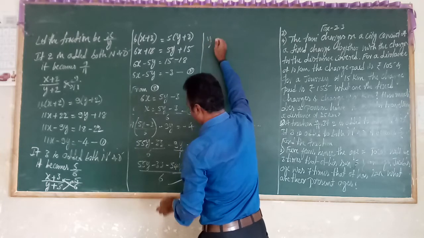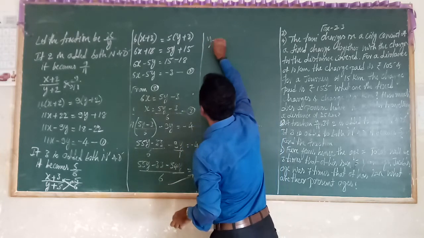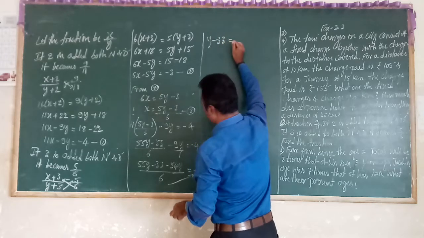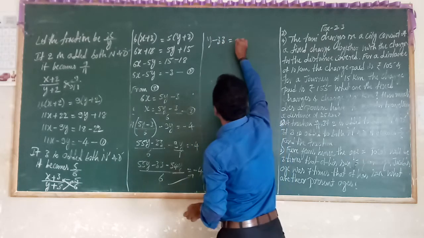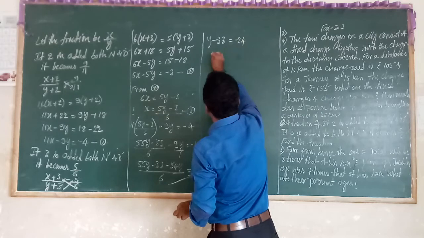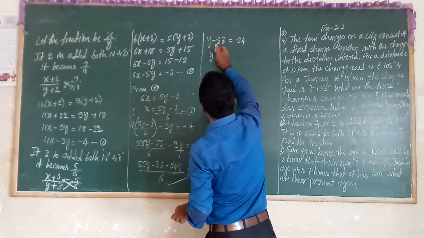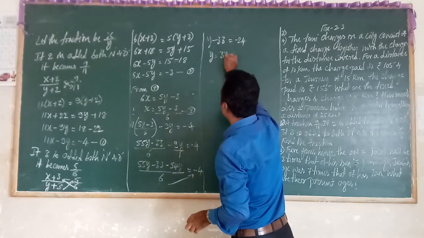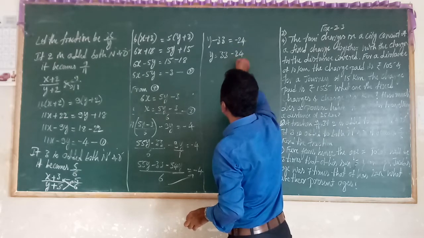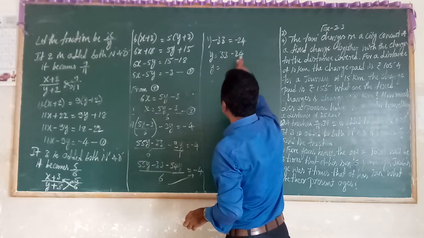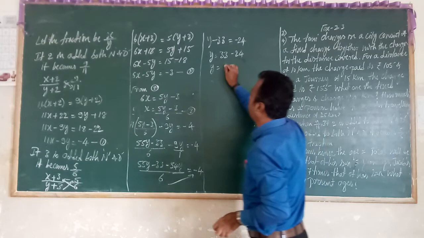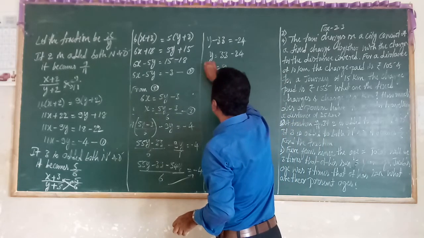Correct? y minus 33 is equal to 6 times minus 4, minus 24. Then y is equal to, minus 33 is coming plus 33, so minus 24 as it is. Therefore y is equal to 33 minus 24, 9. y is equal to 9.